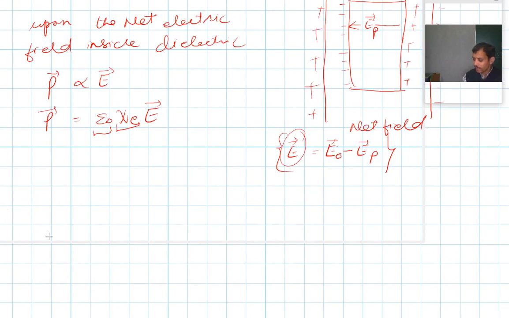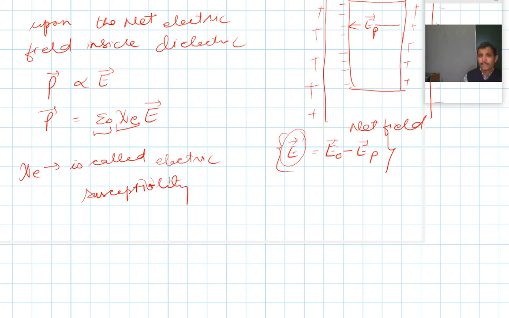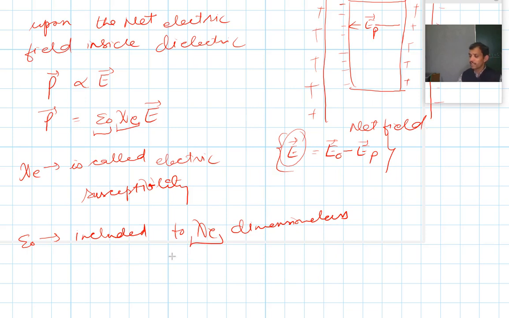And here this chi E is called electric susceptibility, and epsilon naught is included to make chi E dimensionless, and in SI units chi E is also dimensionless. It has no dimensions, right?